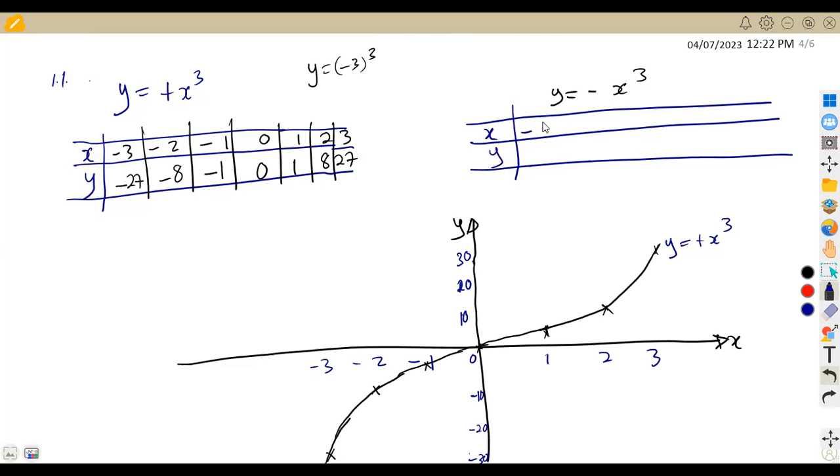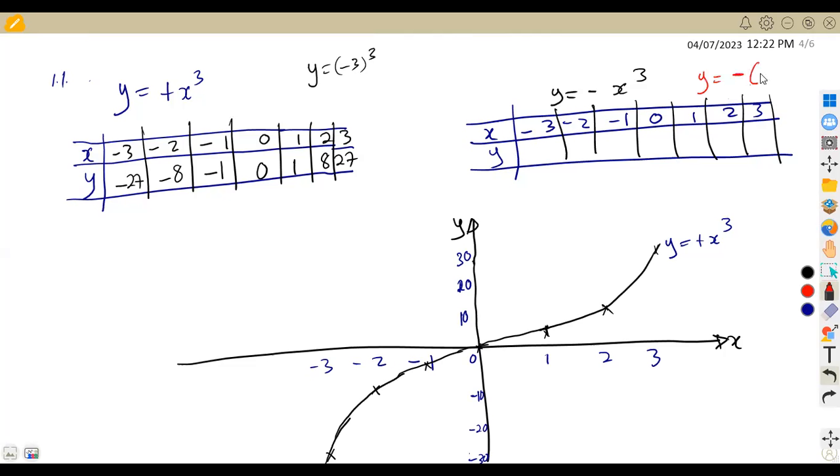So we've got -3, -2, -1, 0, 1, 2, 3. All right. So having our values in this case, we can substitute. You're going to see, take note, there is a negative that is going to affect your answer on each value, to say y is equal to minus.